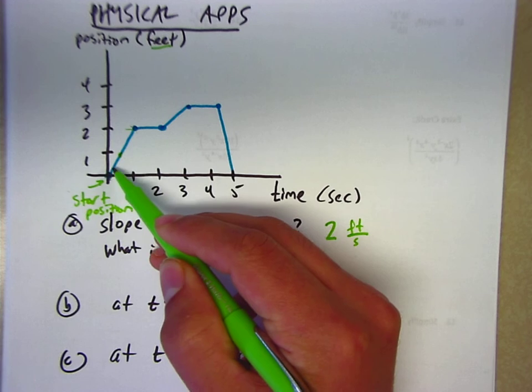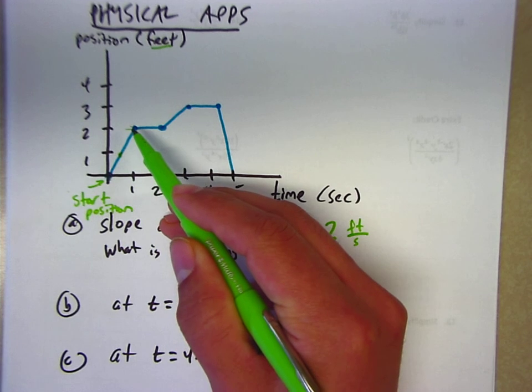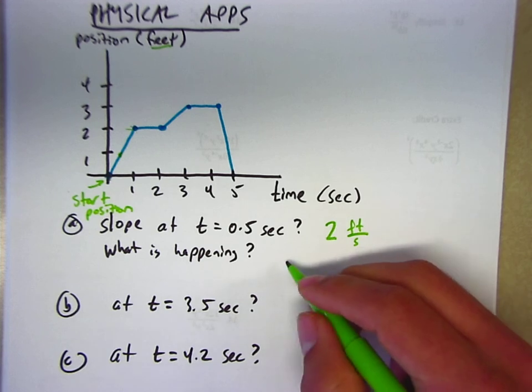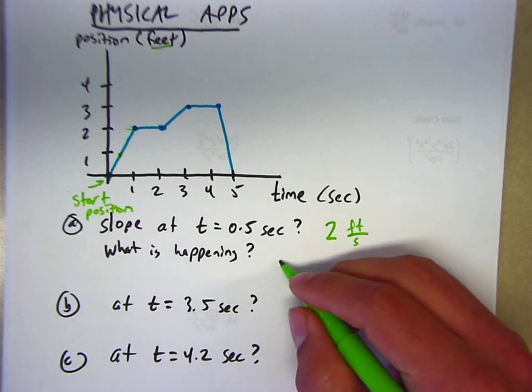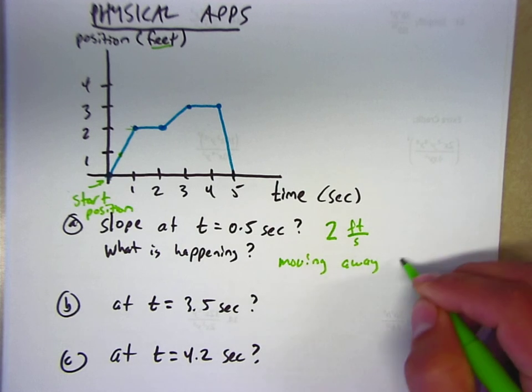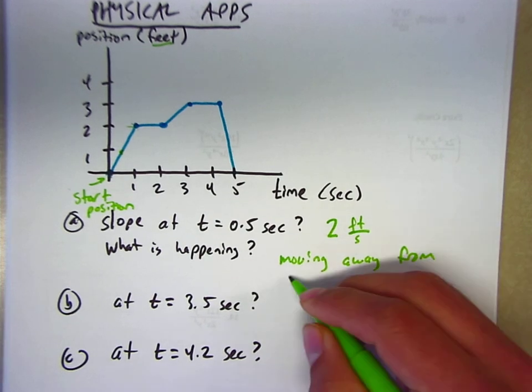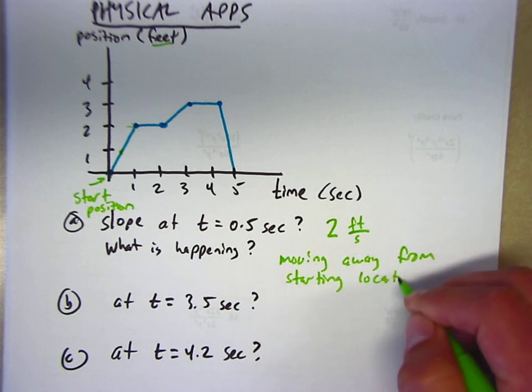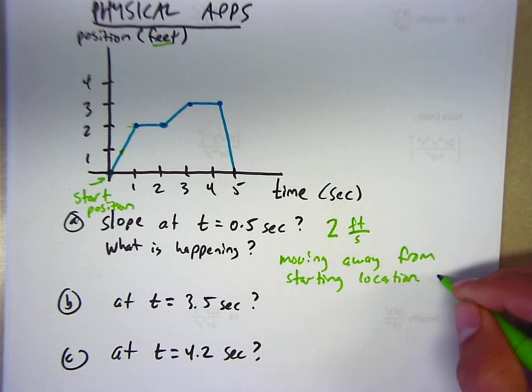And it's moving away at a rate of 2 feet per second. Does that make sense to everybody? Because that's the slope for that first section. So what's going on? We are moving away from the starting location at this rate.